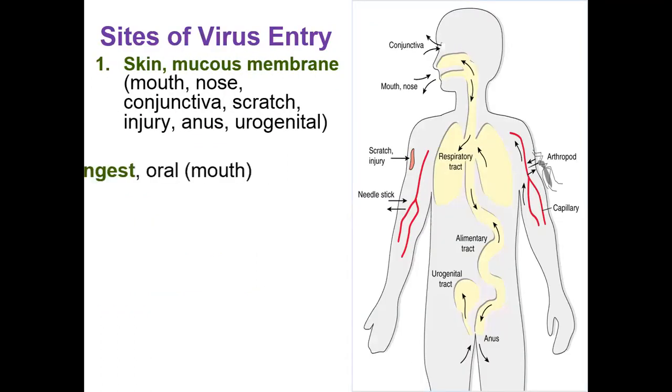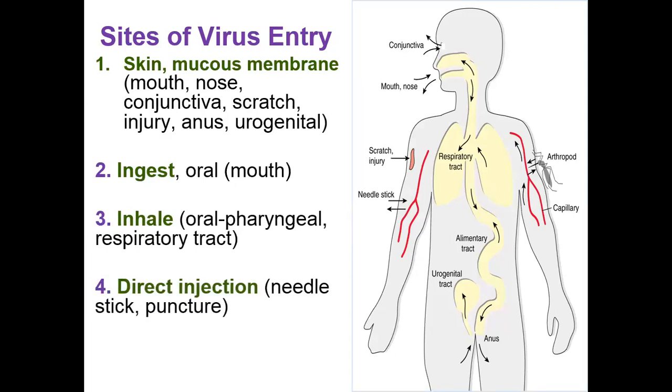Next slide talks about sites of virus entry. Where are those regions of the body that are susceptible to viruses gaining entry? Viruses use or hijack these mechanisms to get into the host cell. The very first site of virus entry is the skin or mucous membrane.